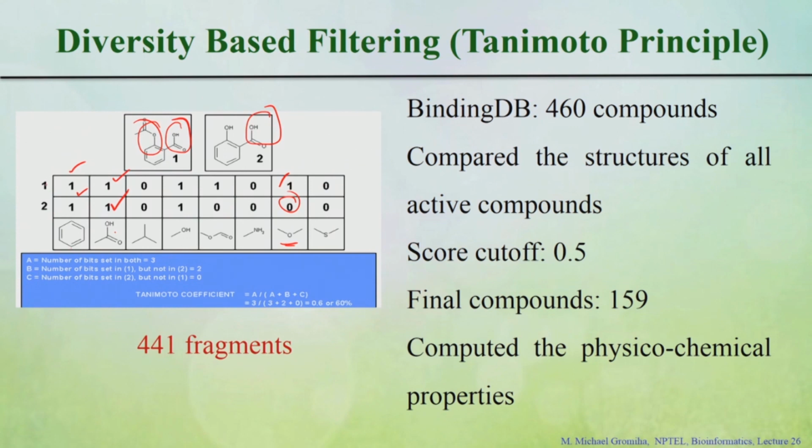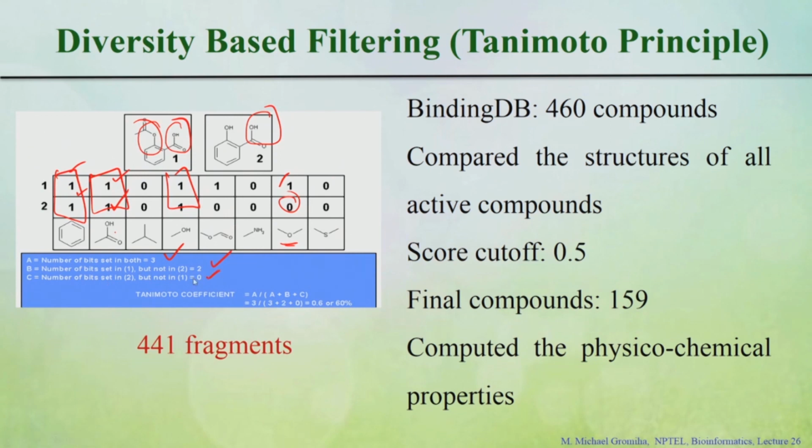Now you can see, comparing these 1 and 2, A is the number of bits set in both, how many cases are available in both? 1, 2, 3, right, 3. So, B is the number of bits set in 1 but not in 2. How many cases are present only in 1 and not in 2? 2. C is how many bits are set only in 2 but not in 1? 0, right.